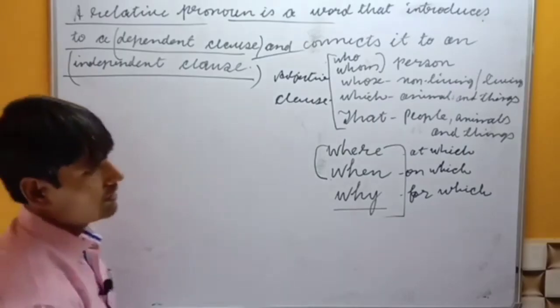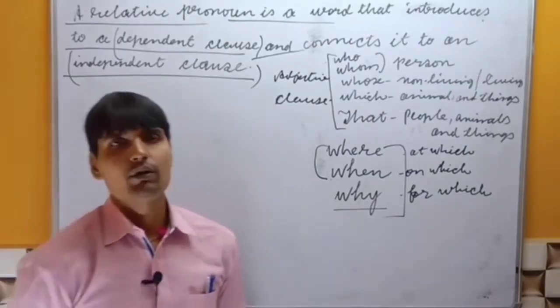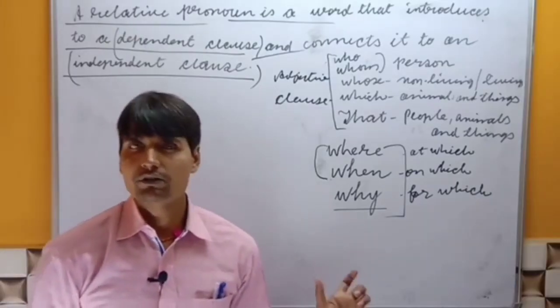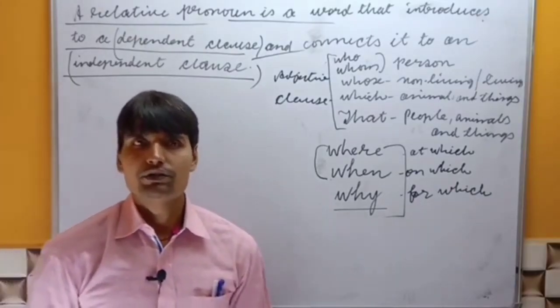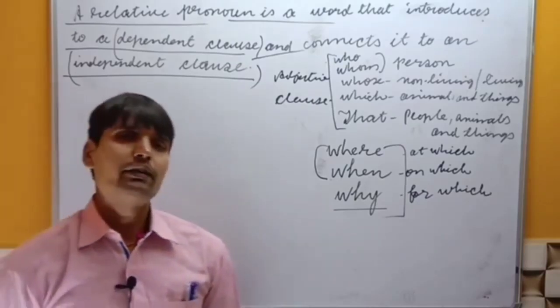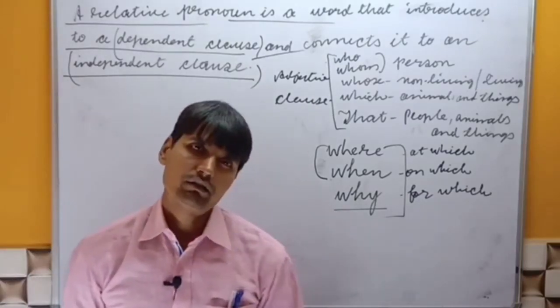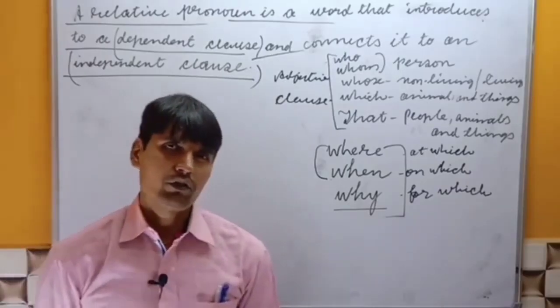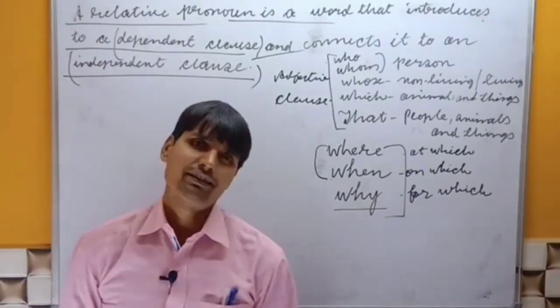Next, before knowing about dependent or independent clauses, we need to know about defining or non-defining. It is also known as identifying or modifying, non-identifying. You can also know them in the form of restrictive or continuative sense.